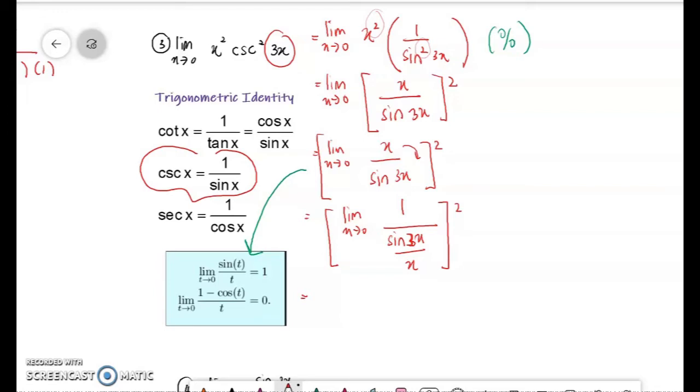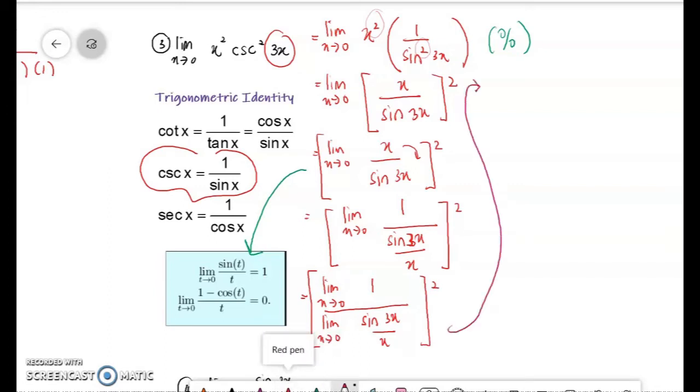Separate the limit for numerator and denominator: you have 1 over the limit as x approaches 0 of sine 3x over x, and don't forget the square. So it will be 1 over this one times 3.